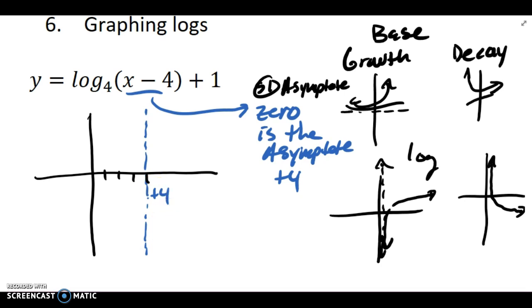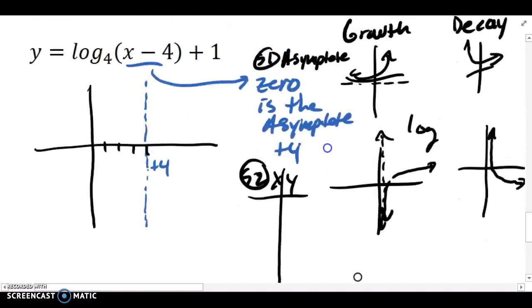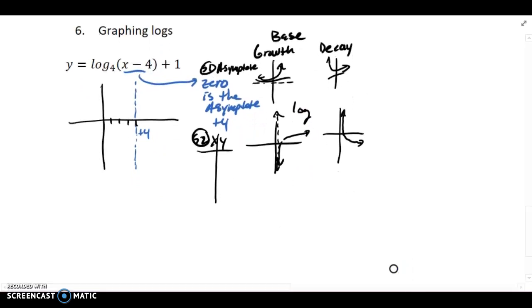And then step 2 is your XY table. So I'm going to just get this all fitting in here. So step 2 is your XY table. And what you're going to do is the same 0. You're going to put it down here, but you're going to add 1 to it. So it'll be 4 plus 1 is 5.